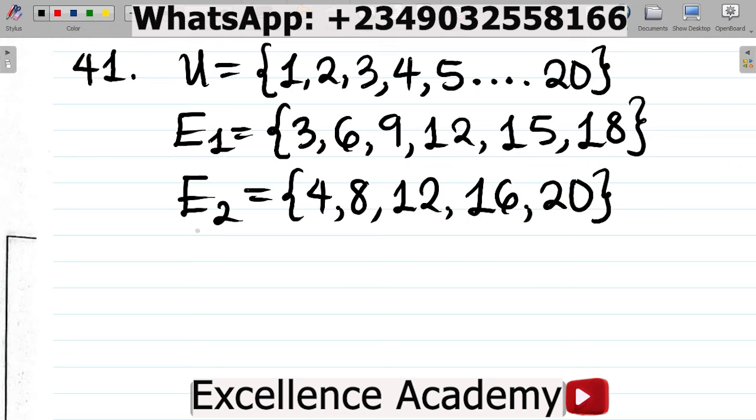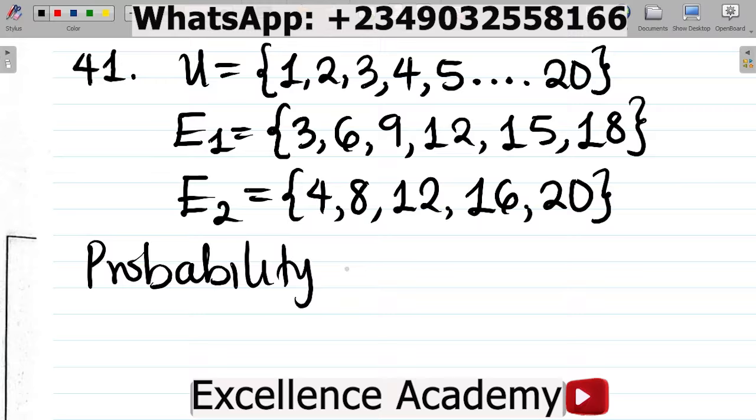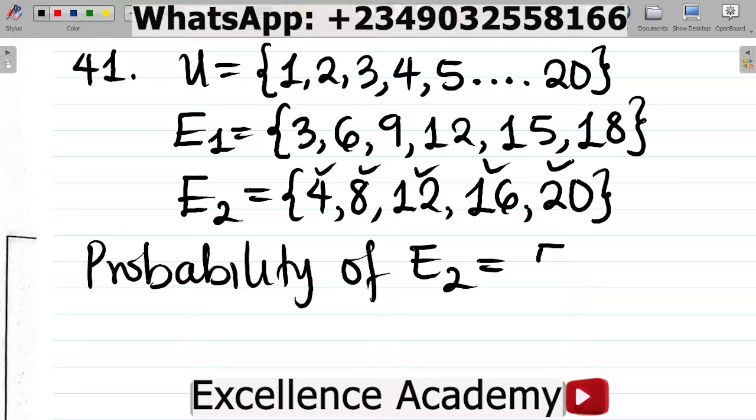Now with this, the probability of picking an E2 is equal to, for E2, how many terms do we have there? We have 1, 2, 3, 4, 5. So 5 is the total number in E2, all over the total possible outcome.